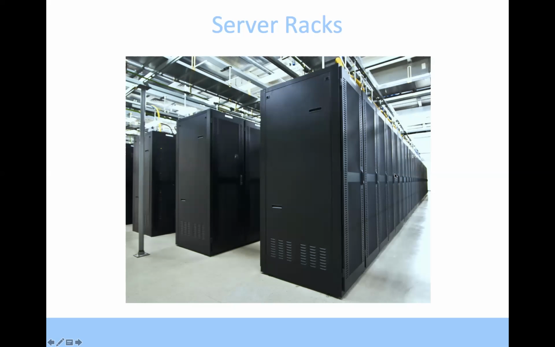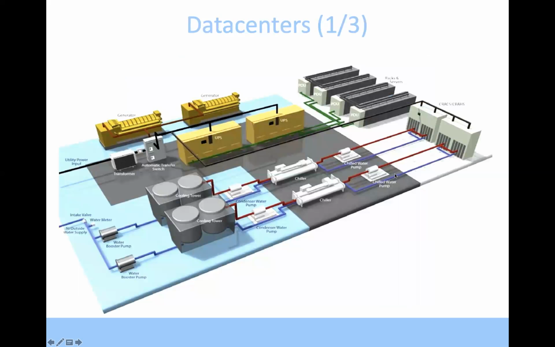But these are making their way into more data centers as well, right? And so talking of data centers, this is kind of what a data center would look like. Or even a supercomputer kind of looks like this as well. You have a lot of stuff that's just for power: some generators, some UPSs, and then this humongous amount of space dedicated for cooling water.